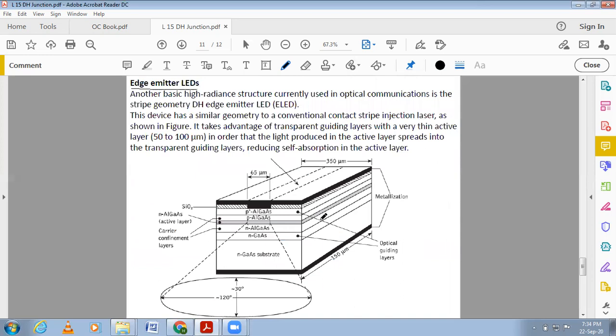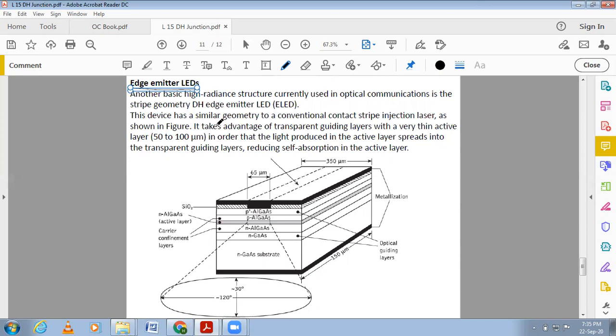It is also very important. Another basic high radiance structure currently used in optical communication is the strip geometry double heterojunction edge emitter. In this structure, we have used a double heterojunction, and we form an active region at the edge. So the radiation occurs through this edge only.